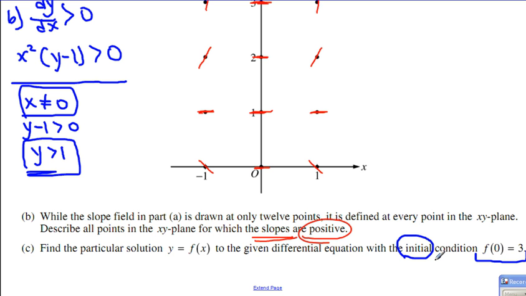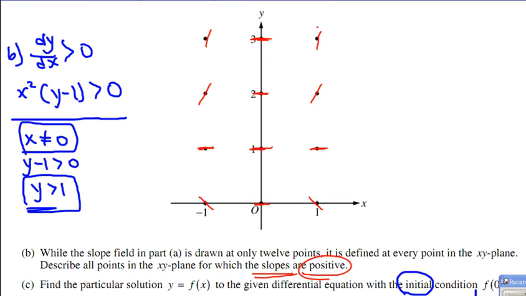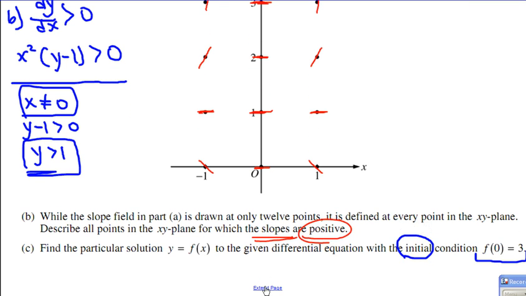That means f of 0 equals 3 will give us the hint for part C. Since the expression was dy over dx is equal to x squared times y minus 1, we can separate the variables. That's the first step.